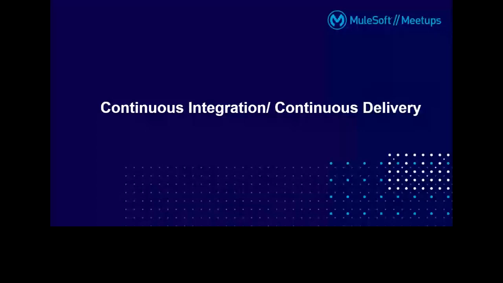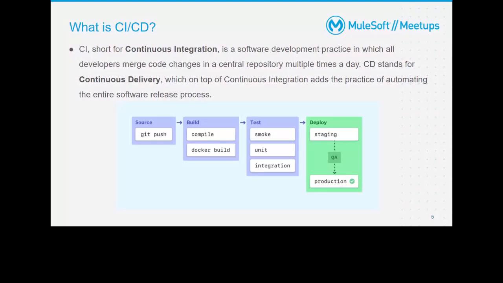Okay, cool. So CI/CD is basically a methodology generally used under the agile method of software development. CI stands for continuous integration and CD stands for continuous delivery. So CI helps in merging all of our code into repos.